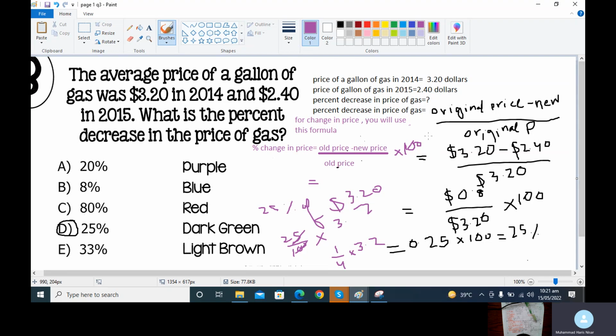Your formula is original price, or old price, minus new price over old price, multiplied by 100. That is what you wrote down here. Okay, let me try.